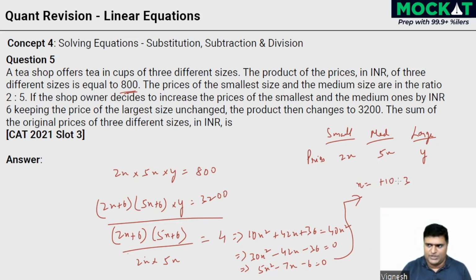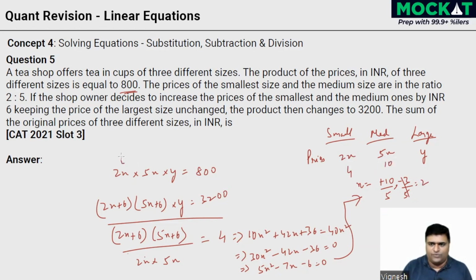Switch the signs, we'll be seeing this in quadratic equations, and then divide by the coefficient of x square over here, which is 5. Your price cannot be negative, so ignore. 10 by 5 is the value, so that is 2. 2 2s are 4, 5 2s are 10.